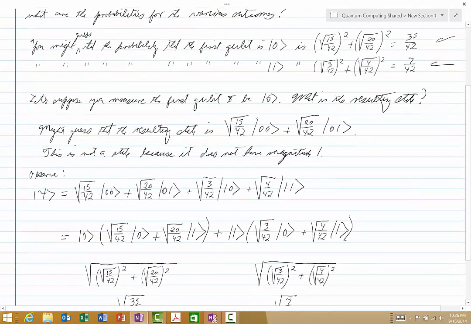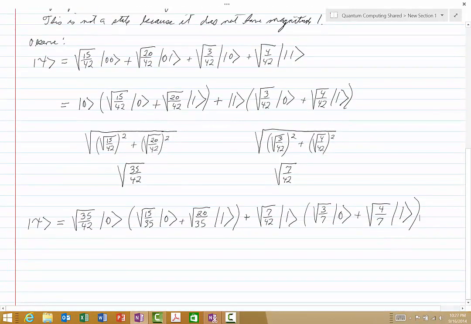But there's now another very interesting piece of information that we can get out of this if we'll pay just a little more attention. And so let's proceed as follows. Notice, of course, that this first term could be simplified. We have square root of 5/6 times |0⟩.